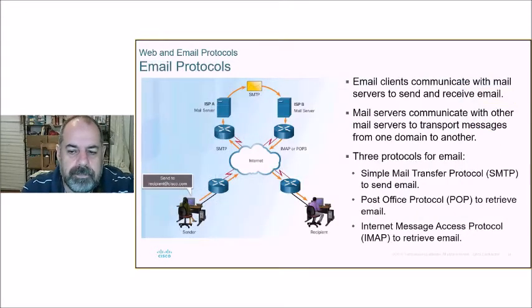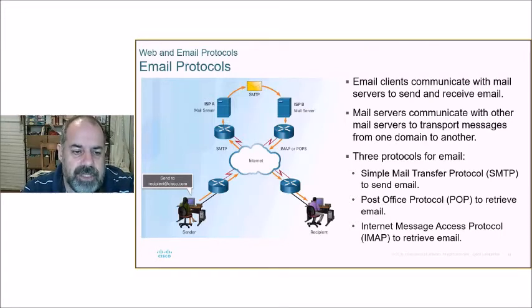Email. So there are three major protocols that are used for email. And so basically, if you send an email with an email client, your email client will talk to your email server and send that message using SMTP, Simple Mail Transfer Protocol.